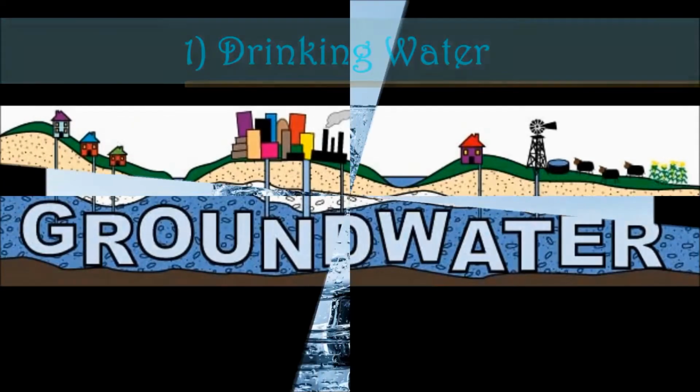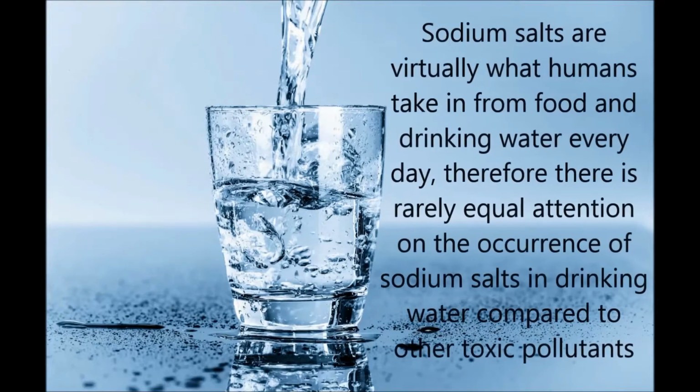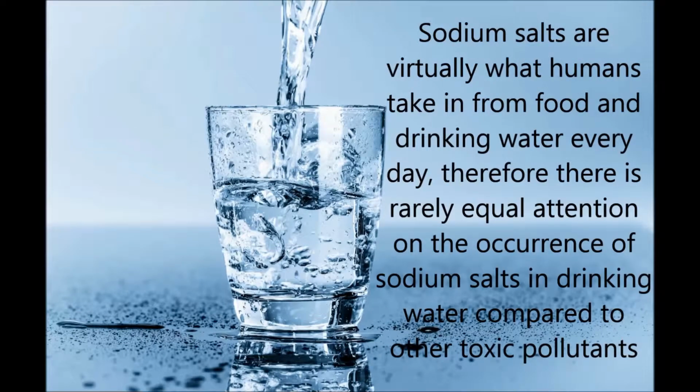First, drinking water. Saltwater intrusion has decreased the freshwater supply. Sodium salts are virtually what humans take in from food and drinking water every day. Therefore, there is rarely equal attention on the occurrence of sodium salts in drinking water compared to other toxic pollutants.